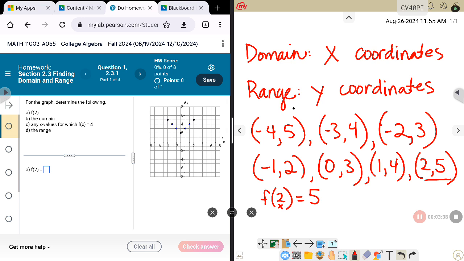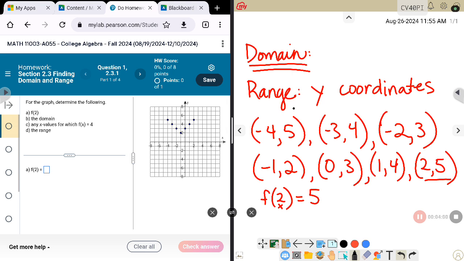The next part of this question asks what is the domain. Now remember, here's our domain. It's going to be the x coordinates of all of these points. So for the domain of this particular problem, you would just list out all of the x's.